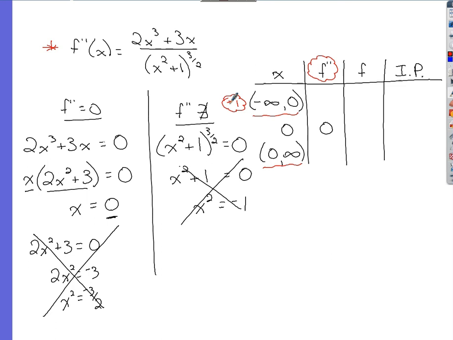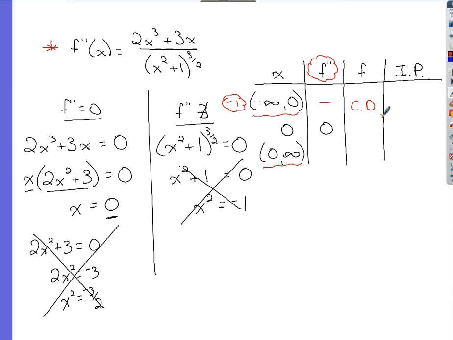The kind of value we get back, check me on this, but should be negative. And what that's supposed to mean to us about the original function, because remember, it all goes back to the original function. For the original function going to be concave down for that interval. So any curvature we see on that interval should have kind of this downward look to it.